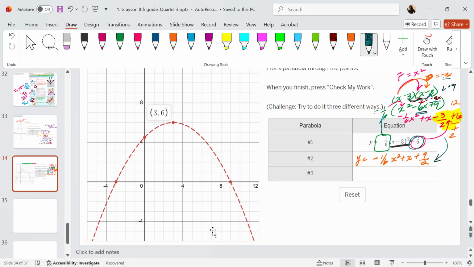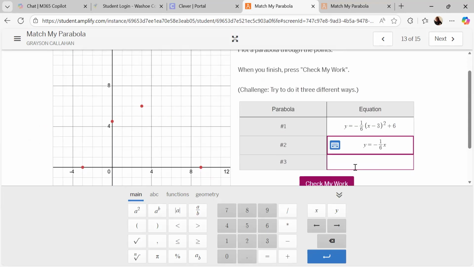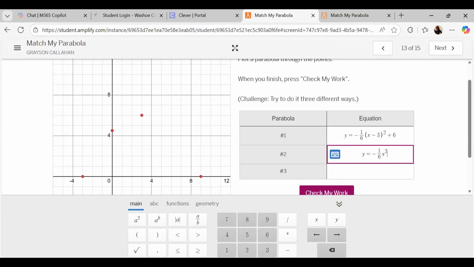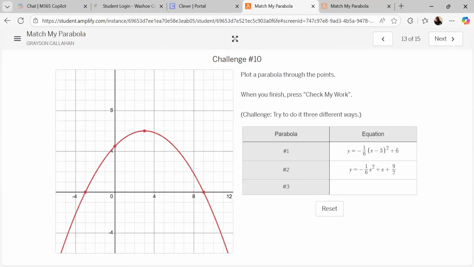So let's go ahead and plug this in. So what's the answer? Negative 1 over 6 x squared, and then what? Plus x plus 9 over 2.